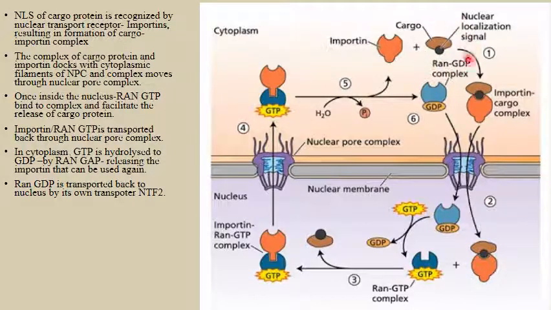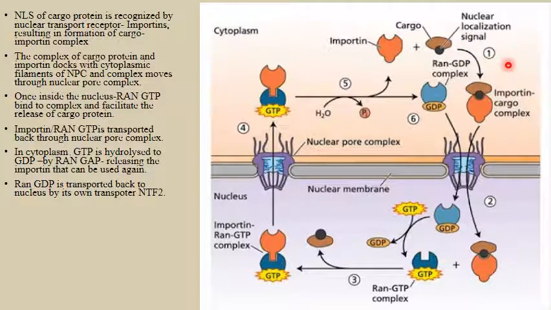You can see a cargo protein here, and it has a nuclear localization signal. This signal is recognized by the nuclear transport receptor, known as importin, forming the importin cargo complex.